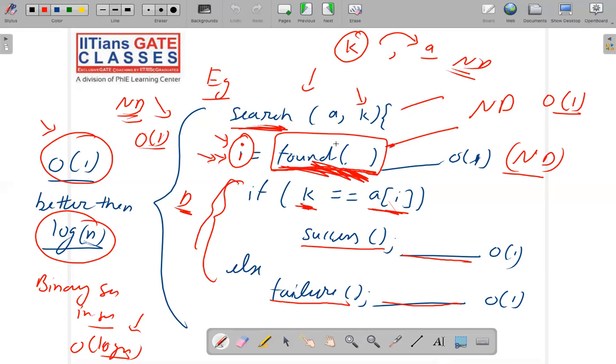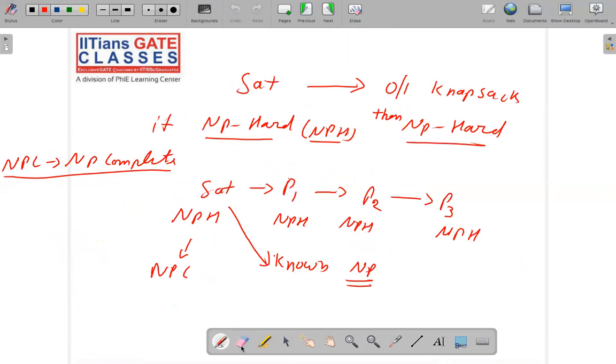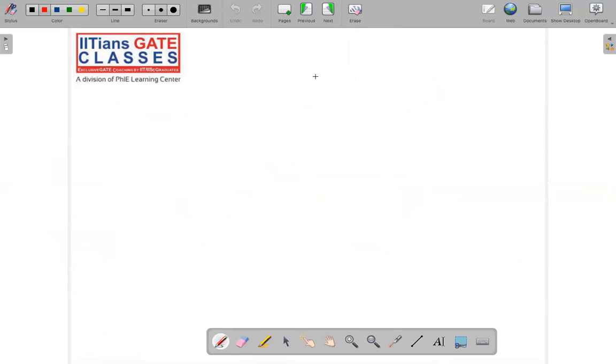Like for example, in 0-1 knapsack, you have an item i. Now, whether to choose this item or not. For example, you know in order of 1 or order of n whether to choose this item or not, in polynomial time.